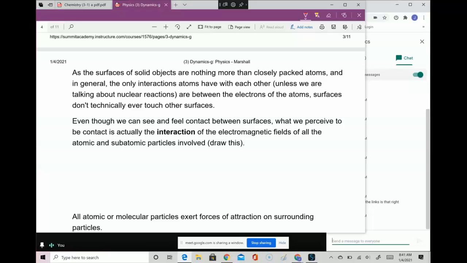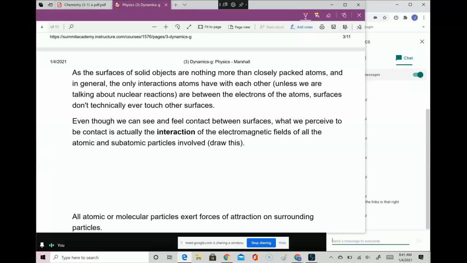Even though we can feel and see contact between surfaces, what our brain perceives to be contact is actually the interaction of electromagnetic fields of all of the atomic and subatomic particles involved.